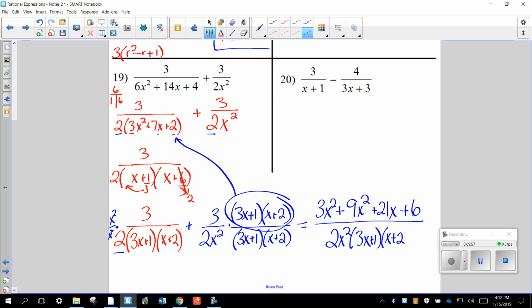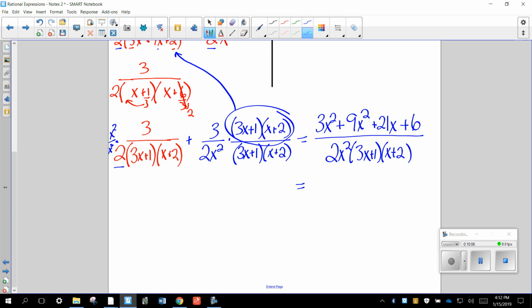All that's left is to combine some like terms and see if there's anything we can factor out. So that gives us 12x squared plus 21x plus 6 over 2x squared times 3x plus 1 times x plus 2.